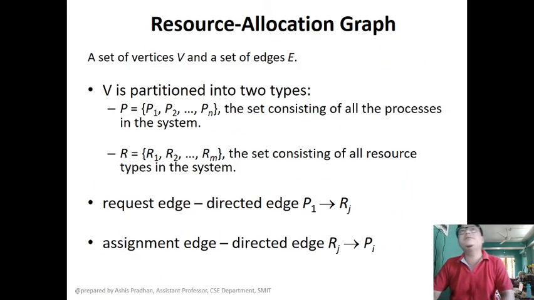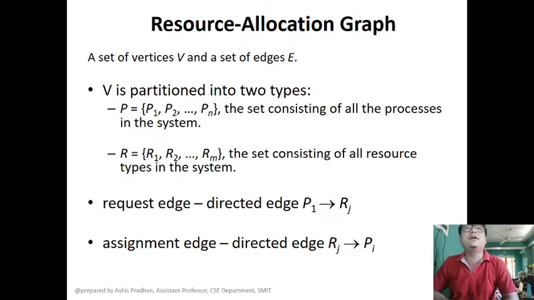Now we'll try to understand the resource allocation graph. This topic is something different, because using this topic, we will look at the snapshot of the system, the current view of the system.